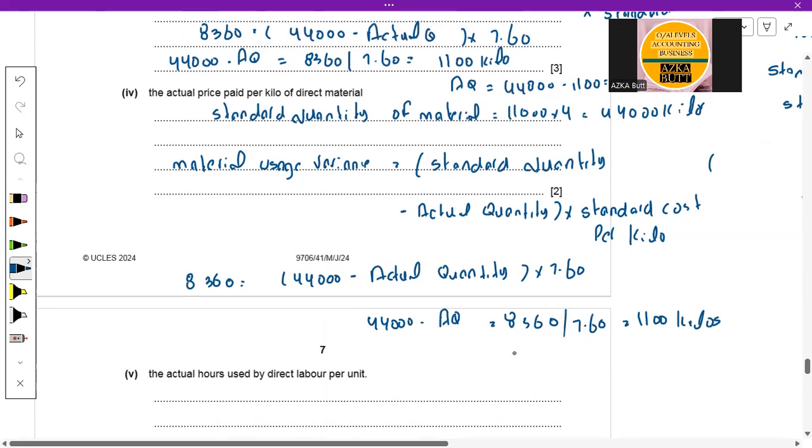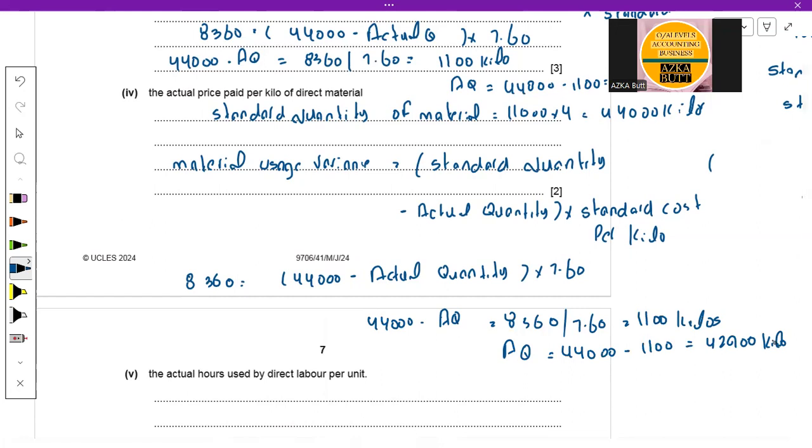Now, actual quantity is equal to 44,000 minus 11,000, which is 42,900 kilos. So the actual total quantity of direct material used is 42,900 kilos.